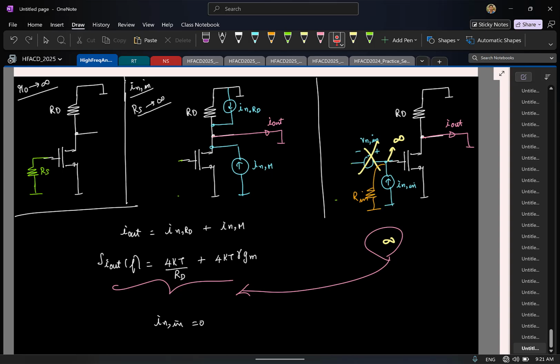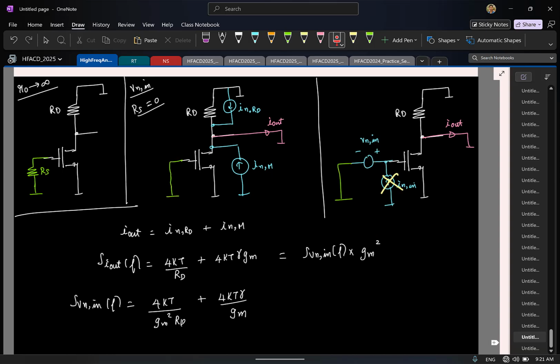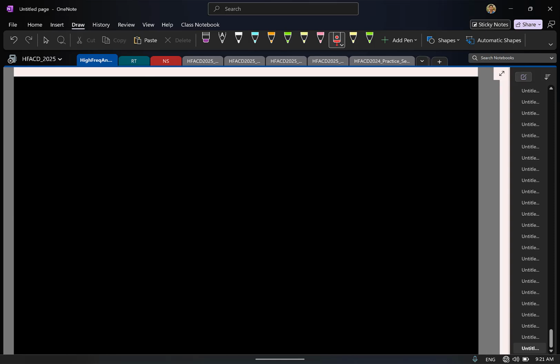Now let's look at the second example. But before that, I'm hoping that the calculation is fine. So let's do a couple more, so then you'll get a feel for it. We did common source. Now let's look at common gate.